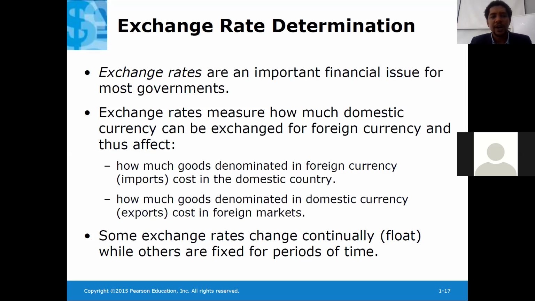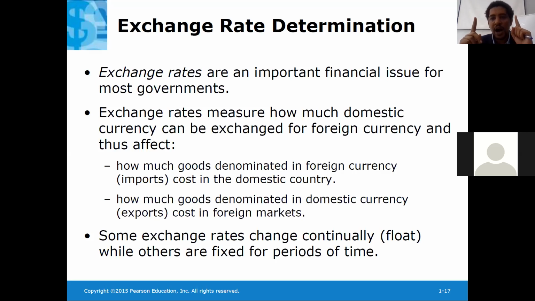Okay, so exchange rates measure how much domestic currency can be exchanged for foreign currency, and thus affect how much goods denominated in foreign currency, imports, cost in the domestic country, and how much goods denominated in domestic currency, exports, cost in foreign markets. So as I've said, okay, exchange rates means how much Korean won is exchanged for $1.